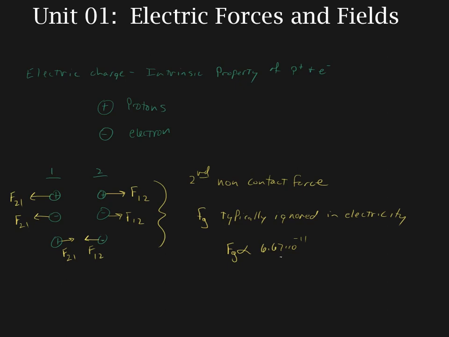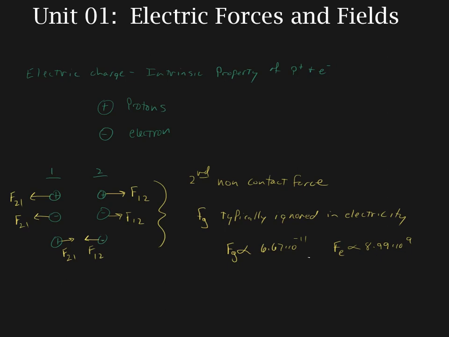When we look at the electric force, we know that it's going to be proportional to the constant k, which is 8.99 times 10 to the 9th. And so you can see that there's 20 orders of magnitude difference, and that's just going to be huge.